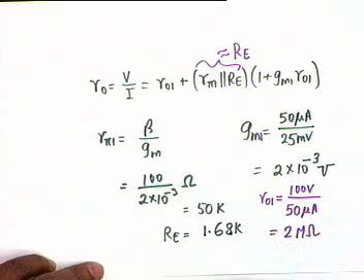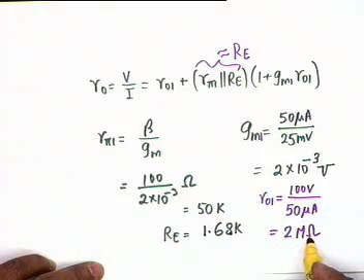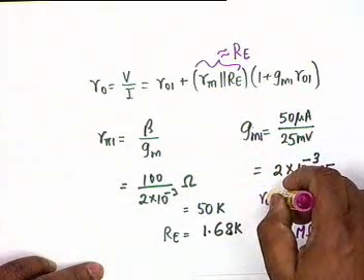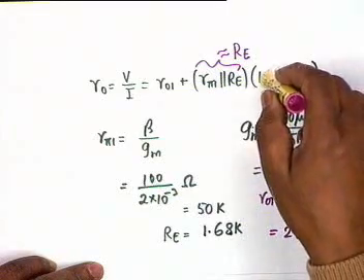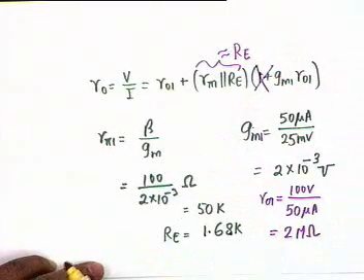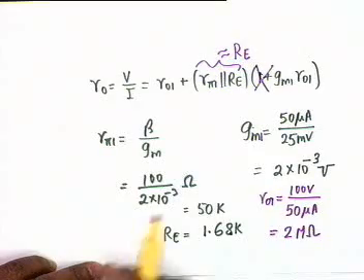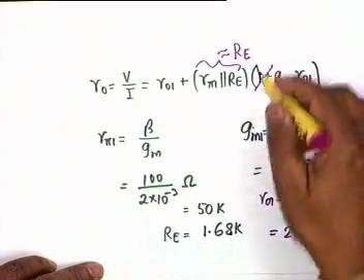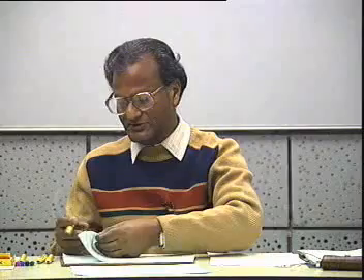So this is equal to 2 meg, 2 times 10 to the 6. Therefore, GM1 R01 is very large compared to unity. In other words, this term can be ignored. Agreed? From a practical example, this term 1 can be ignored, and therefore my expression simplifies to a very simple one, and this is what is used for design.